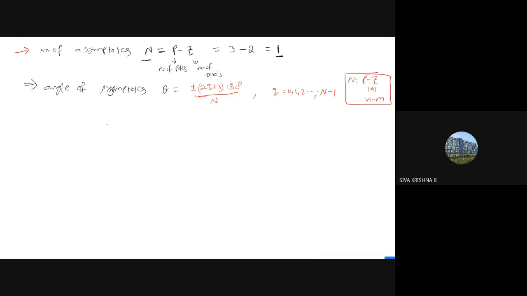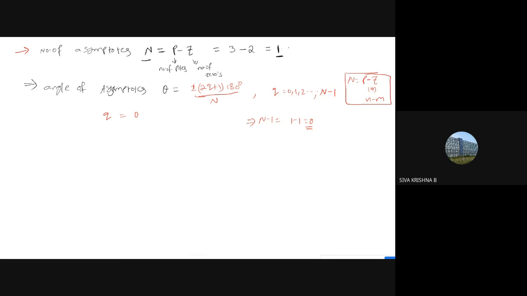So now find the theta value. Before that, find out the q value first. What is the q value now? Q equals 0 only, because n here is 1, so n minus 1 equals 1 minus 1, that equals 0. So up to 0 only you have the q value.